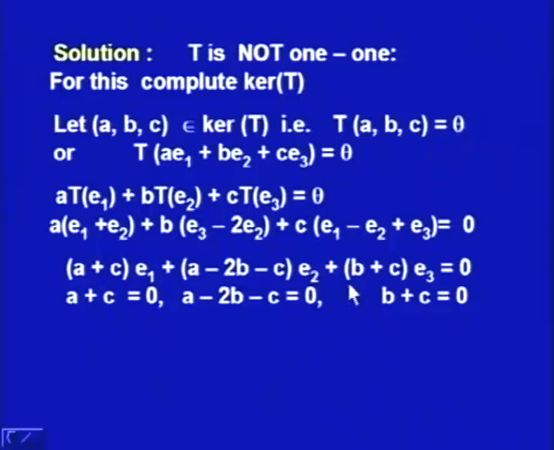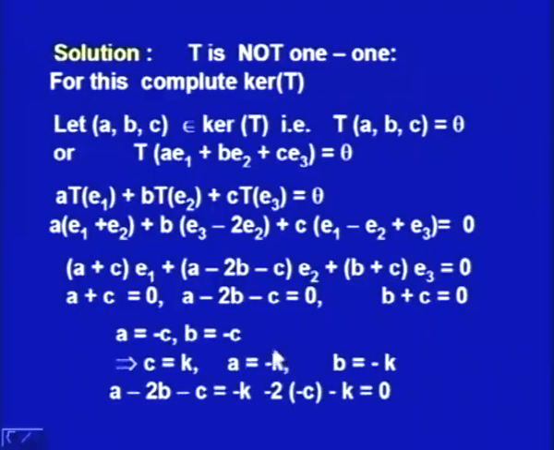So we will have this expression equal to 0, and that means A plus C is equal to 0, A minus 2B minus C is equal to 0, and B plus C is equal to 0. So the three components are going to be 0. So we have three equations in three unknowns A, B, C.